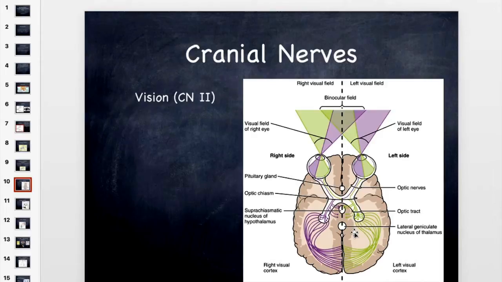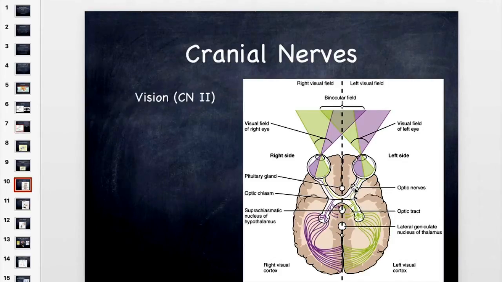This is particularly relevant because you can get lesions right here and see people arrive with bitemporal hemianopia. But once you get past the optic chiasm, it's rather straightforward. A lesion will result in a homonymous hemianopia, meaning that what is happening occurs in both eyes, and both visual fields are the same.